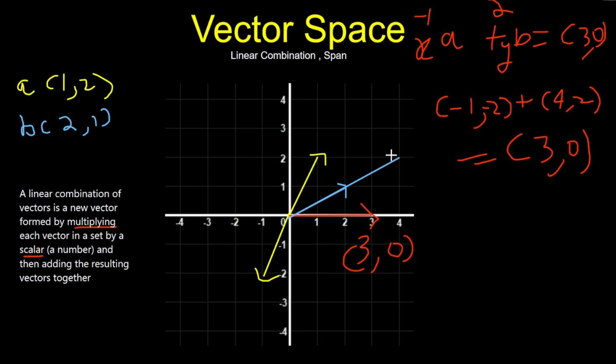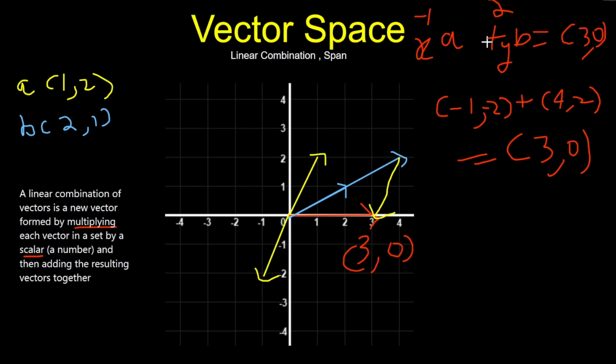So it's here, and if we add them together, we can see that we'll get this new vector. So we can just translate this vector here. If you translate that, we can see that by adding these two vectors, you will get this new vector. So that's the point. We can get a new vector by linear combination.